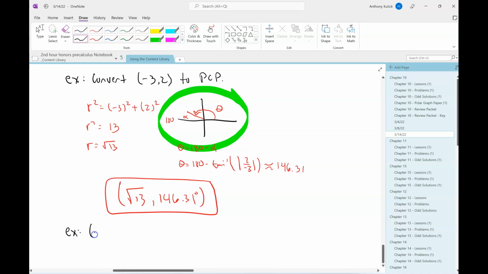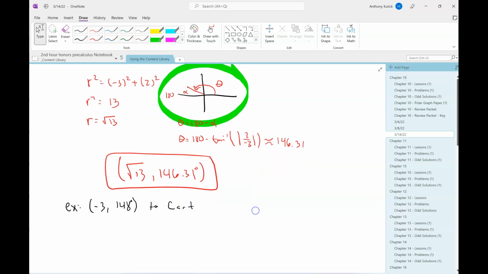What if we want to take negative 3, 148 degrees to Cartesian? Well, here there's almost nothing to do.